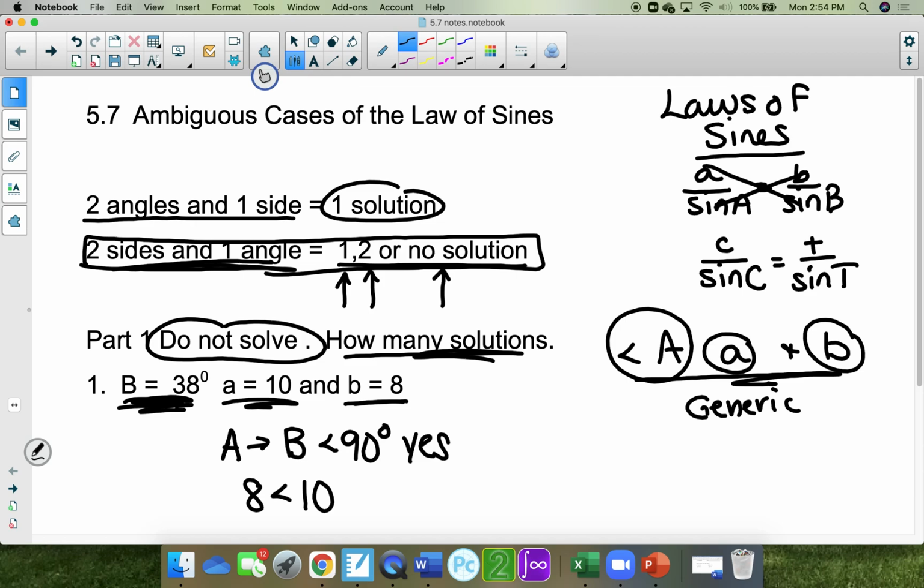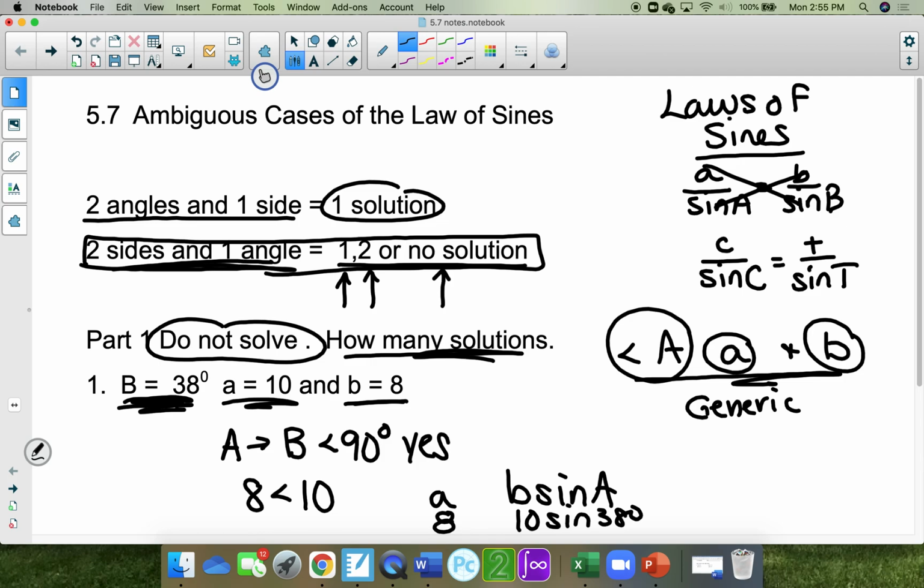So now we have to check the B sine of A. You are going to get an 8 here, and this is going to be 10 sine of 38.